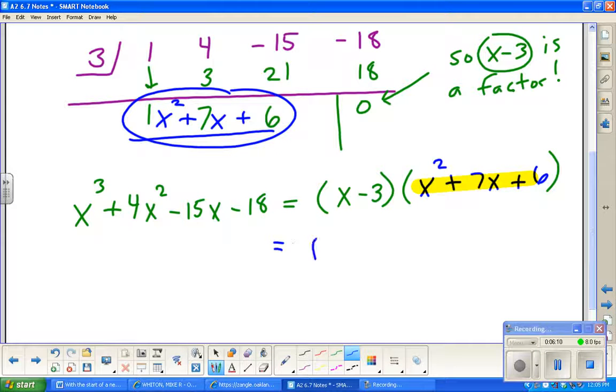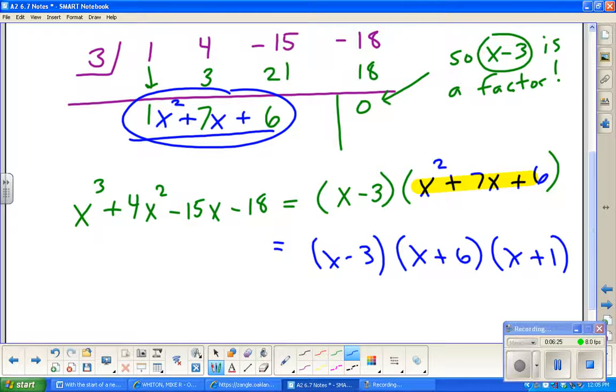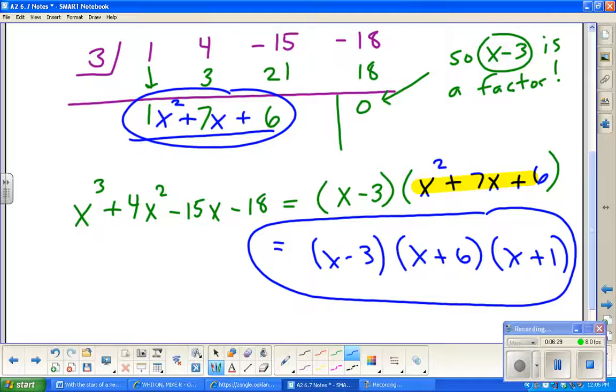So this x minus 3 is still the same. But the quadratic, the old stuff, factors of 6 that add up to 7. You want to break them down as far as you can. And now it's factored all the way. So this is the final answer. It's all of the factors broken down as far as they can go.